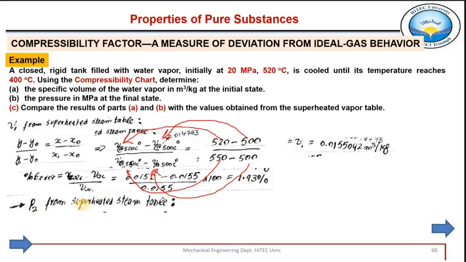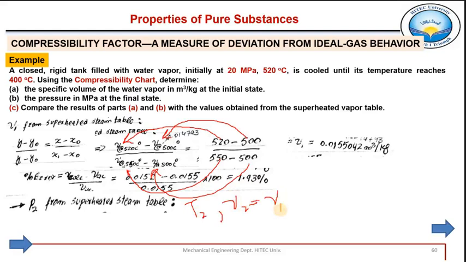Right. Similarly, now we shall see for the case of pressure. For pressure, again from the superheated steam table, we need to find out P2 for this temperature, and V2, which is equal to V1, and that was 0.0152. So now we need to calculate P2 at the given temperature and specific volume of 0.0152. Here P2 is given and V2 is given, which is equal to V1.